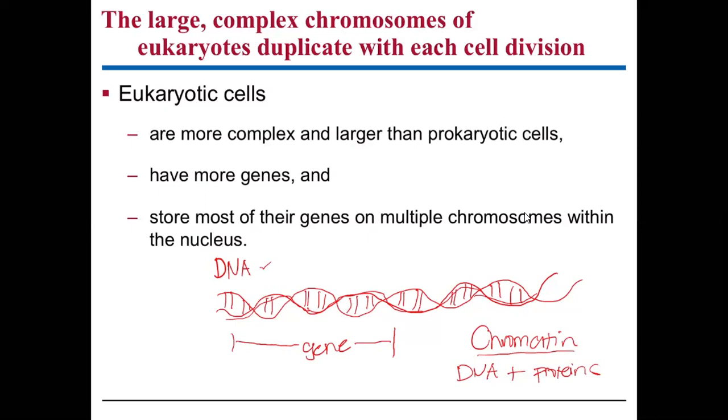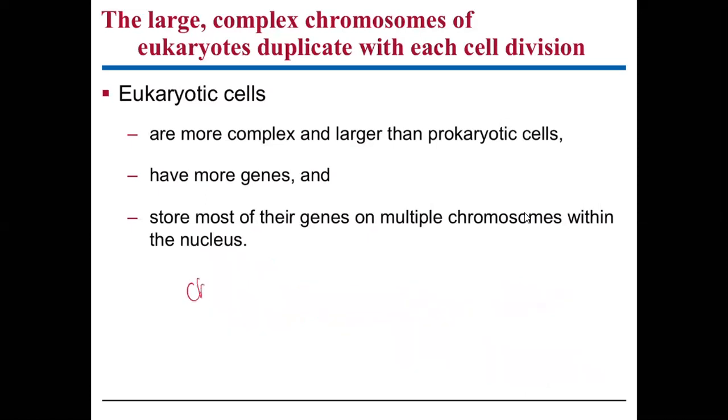This chromatin will further coil and condense, giving rise to the chromosome. And this chromosome will reach its maximum condensed state at the metaphase stage of cell division.